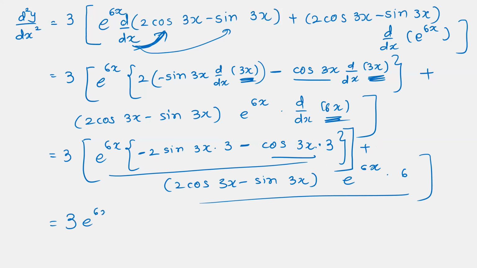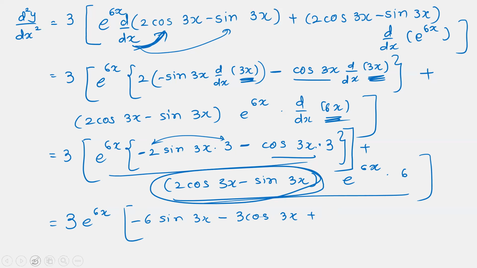Now the remaining part is 3 times 2... minus 6 sin 3x minus 3 cos 3x plus, I'm opening this bracket now. That means it is plus, all these are going to be added as I have taken e to the power 6x outside. So 2 cos 3x minus sin 3x.